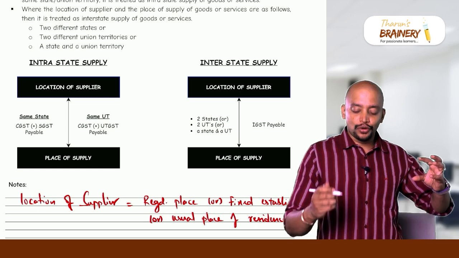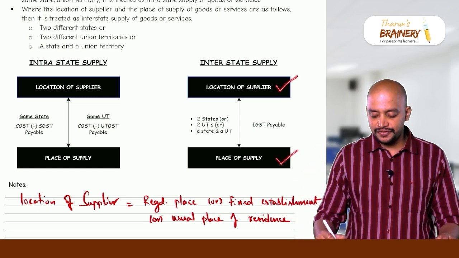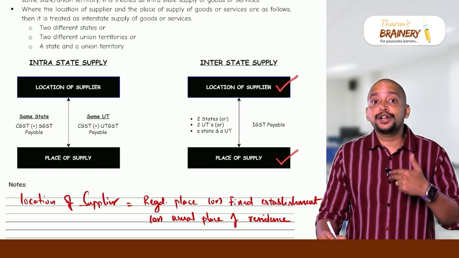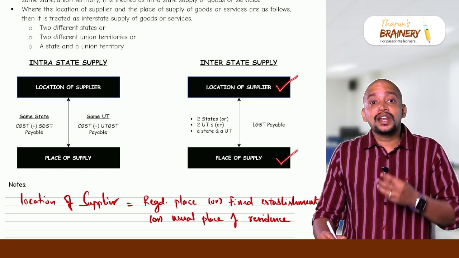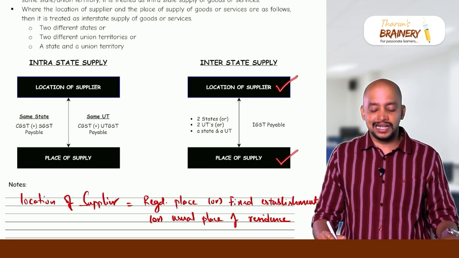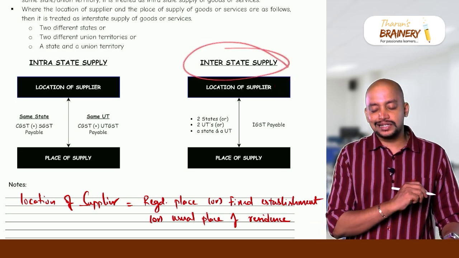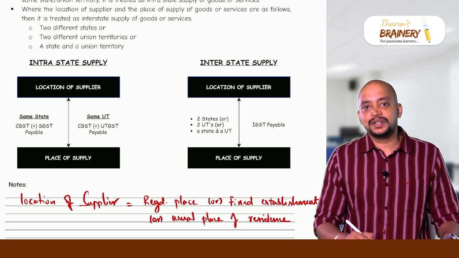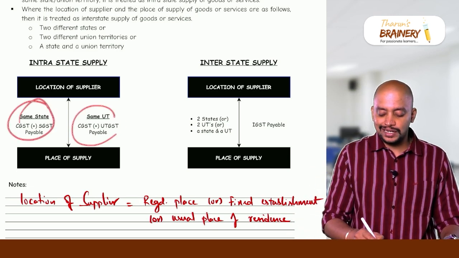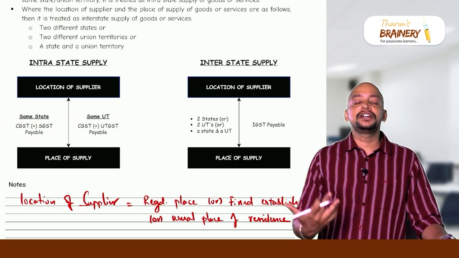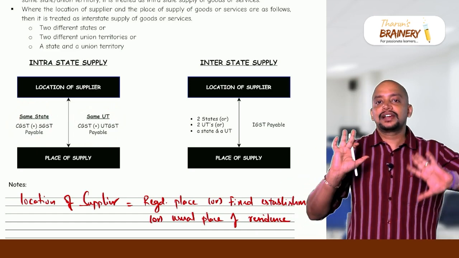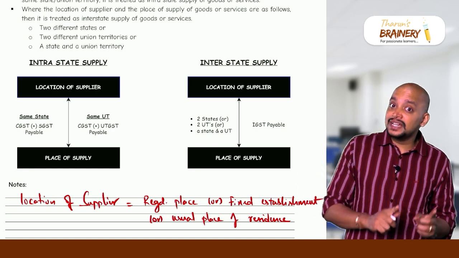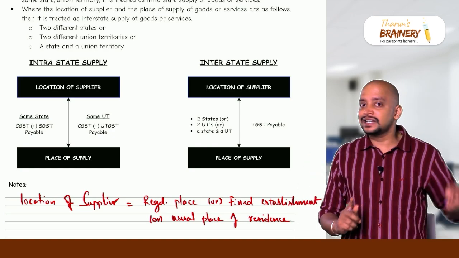If location of supplier and place of supply are in two different states, or two different union territories, or a state and a union territory, then it will be known as interstate supply. If location of supplier and place of supply are in the same state or same union territory, then it will be known as intrastate supply. Clear? Same state or same union territory, intrastate.